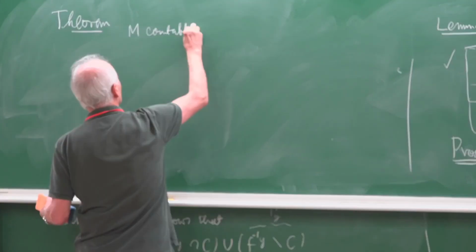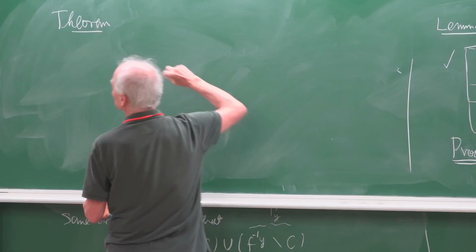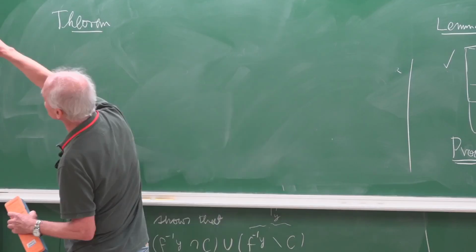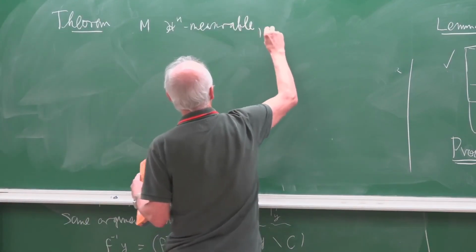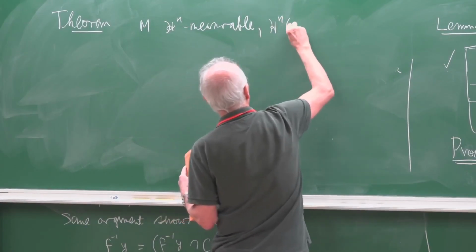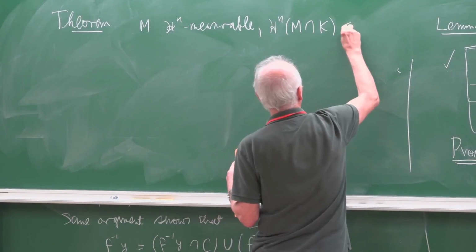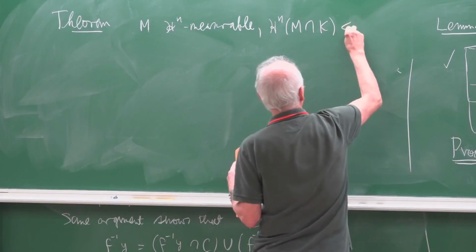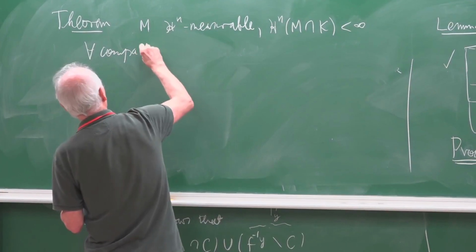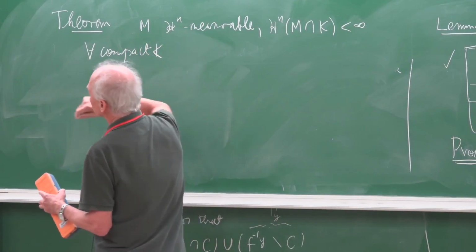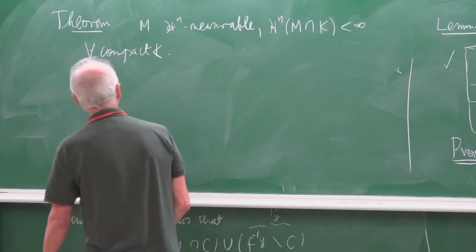M is Hn measurable, and Hn of M intersect K is finite for every compact K. Assume that.